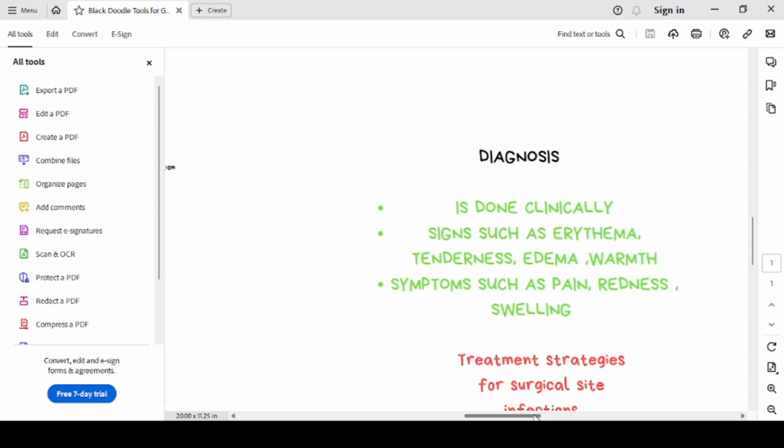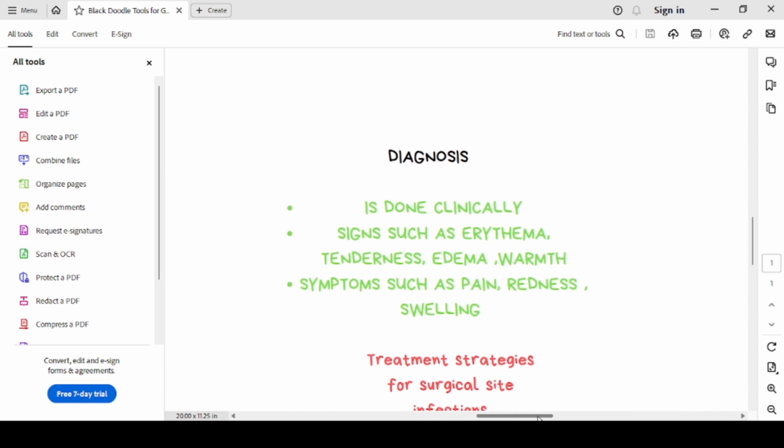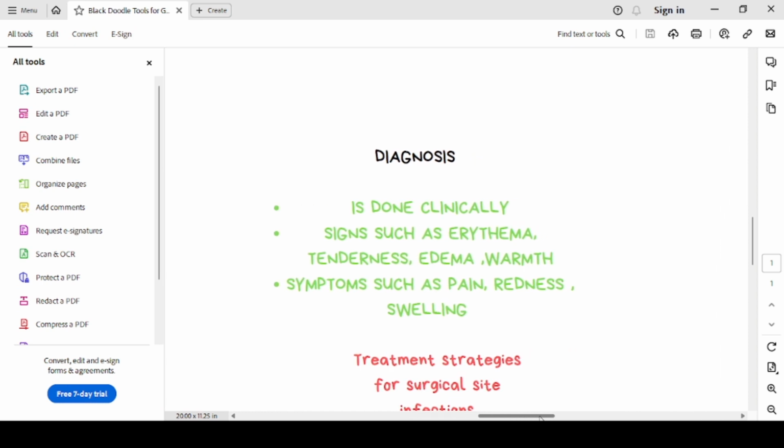The signs are erythema, tenderness, edema, and warmth. But the patient complains, and that is the symptoms. I guess you know the difference between signs and symptoms. If you don't know, signs are what we observe as doctors, and symptoms are what the patient complains of.